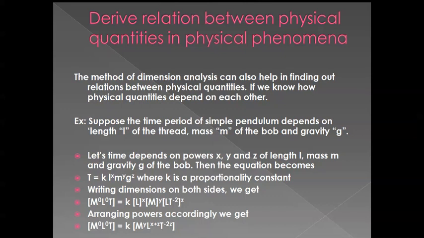The time period of a simple pendulum. We are simply assuming that the time period depends on length and mass. If the mass is heavy, the time period may change. Just we are assuming. And it also depends on acceleration due to gravity.